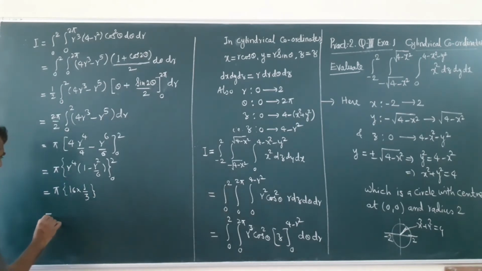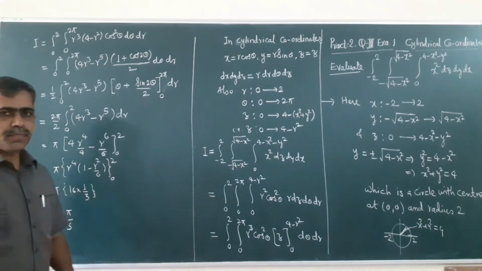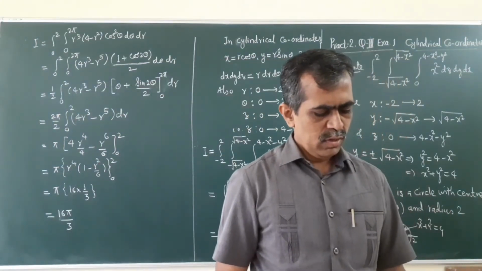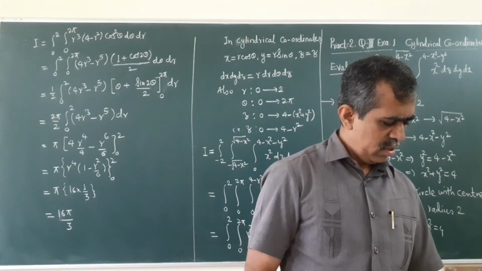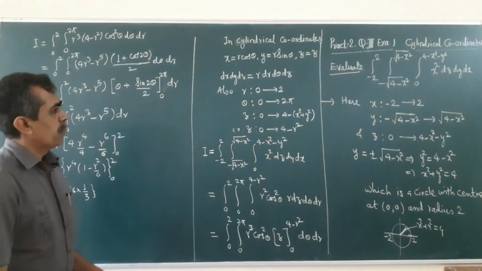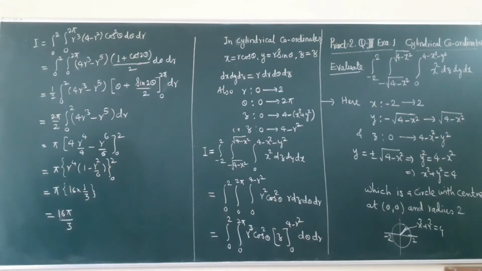So this is equal to 16 pi by 3. Okay. So this is how we can evaluate the given integral by using cylindrical coordinates.